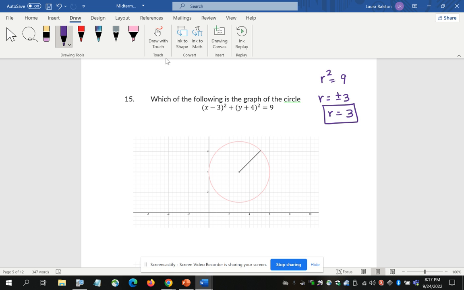I also can identify the center because the center of the circle is h and k. Okay, so be careful. Watch these numbers here. So h is positive 3. My mistake. Should be positive 3.